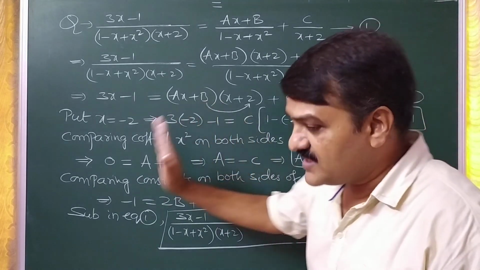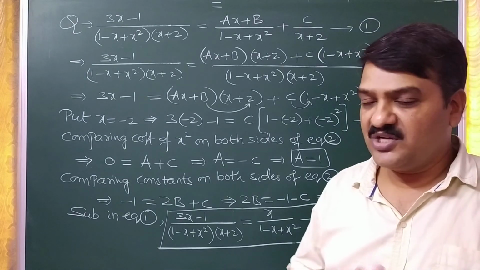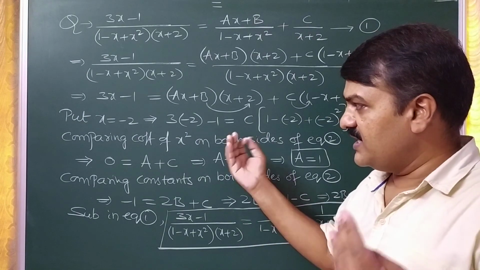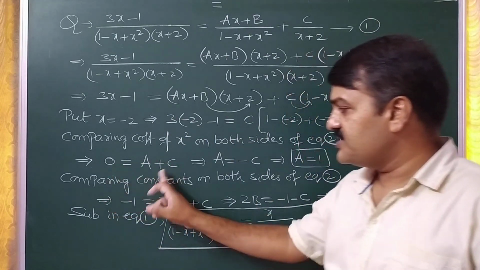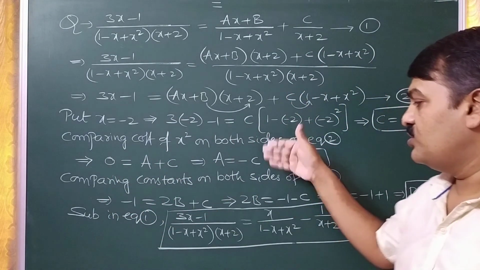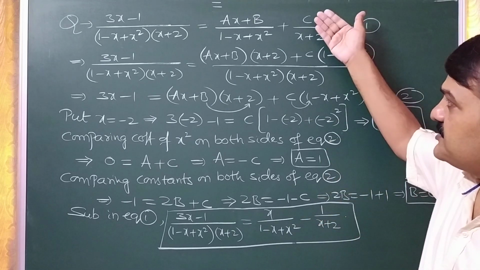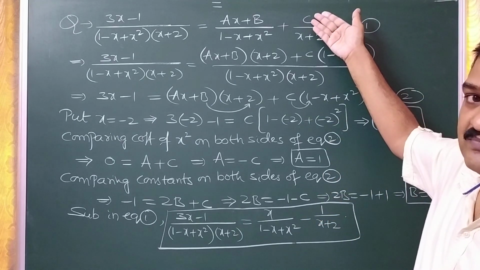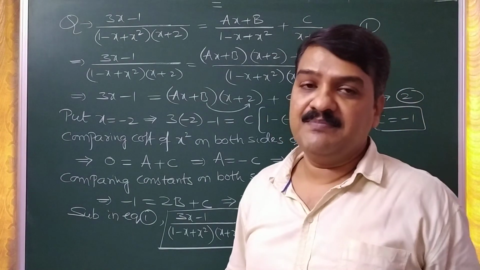Generally we start by taking the highest power of x, but that is not compulsory. You can take any terms. By comparison of terms you will get some equations, solving which you will get the values. Once you get the A, B, C values, substitute in the first part, and then you will get the partial fractions like this. So this completes the type 3 model.